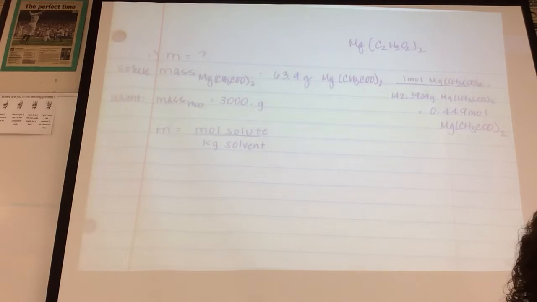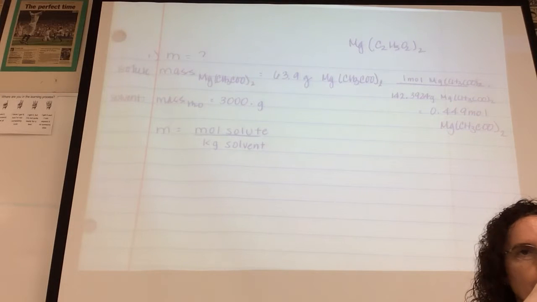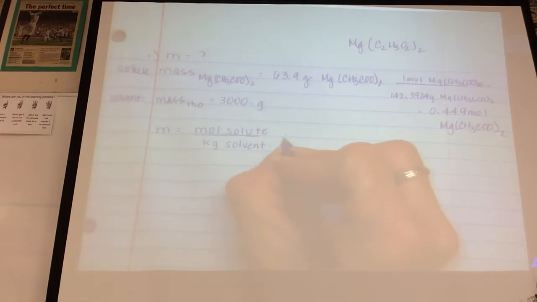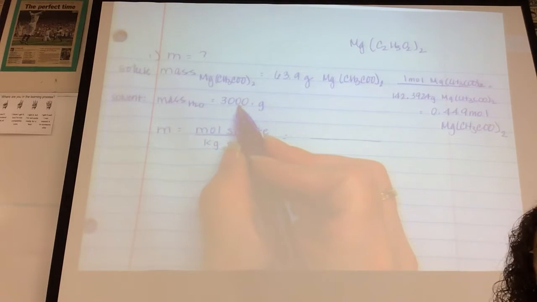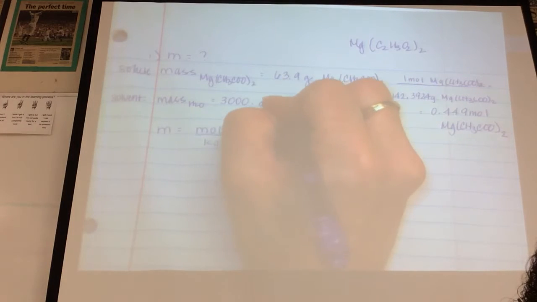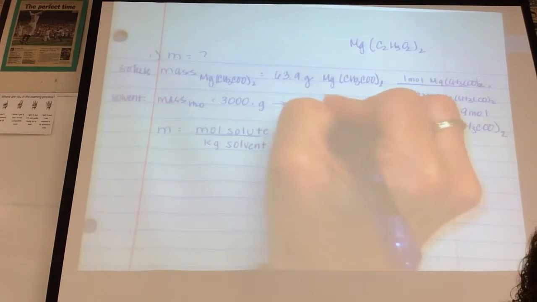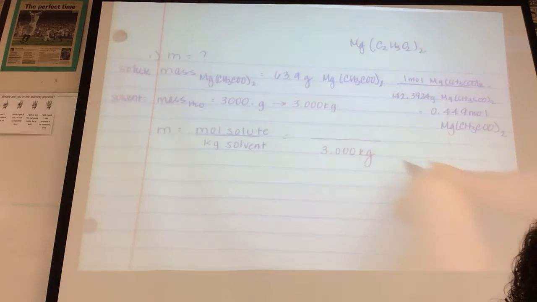What do we do next? You want to get it to kilograms? Yeah. Okay, so move the decimal 3 to the left, or divide by 1,000. Yeah. So that's my denominator, and what's my numerator? Right there.